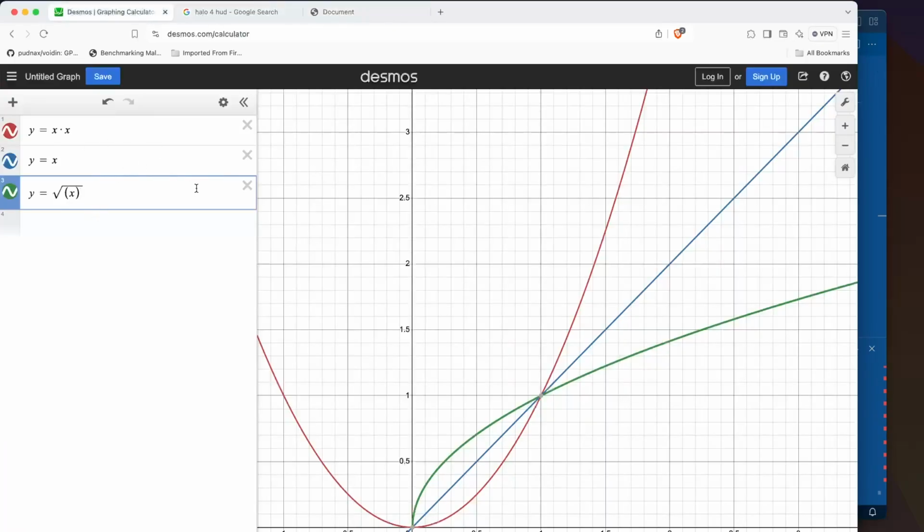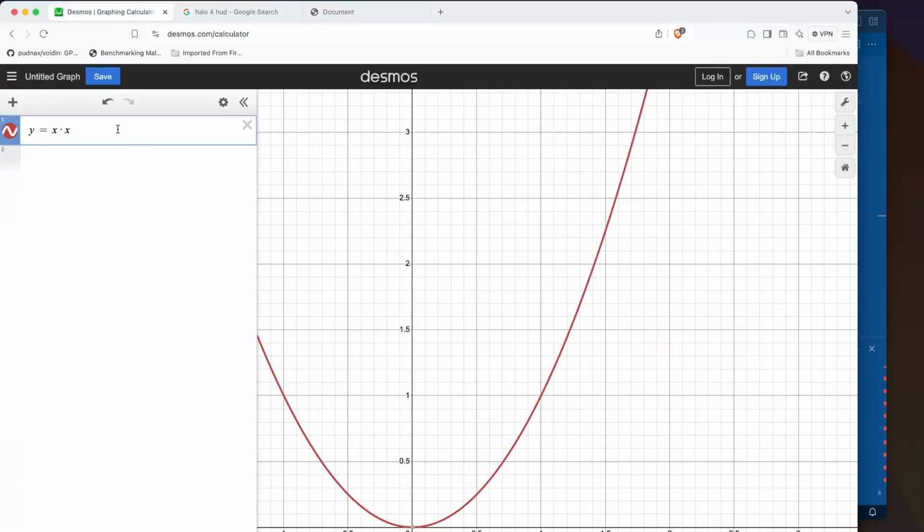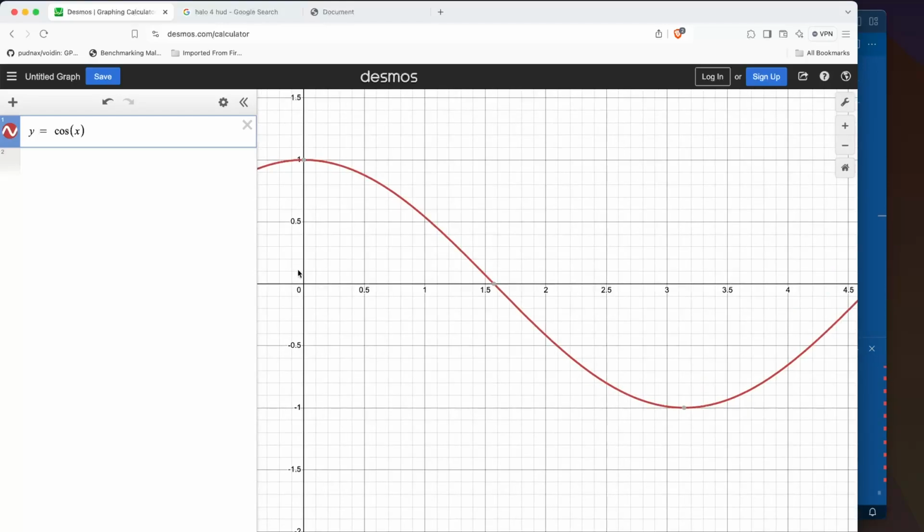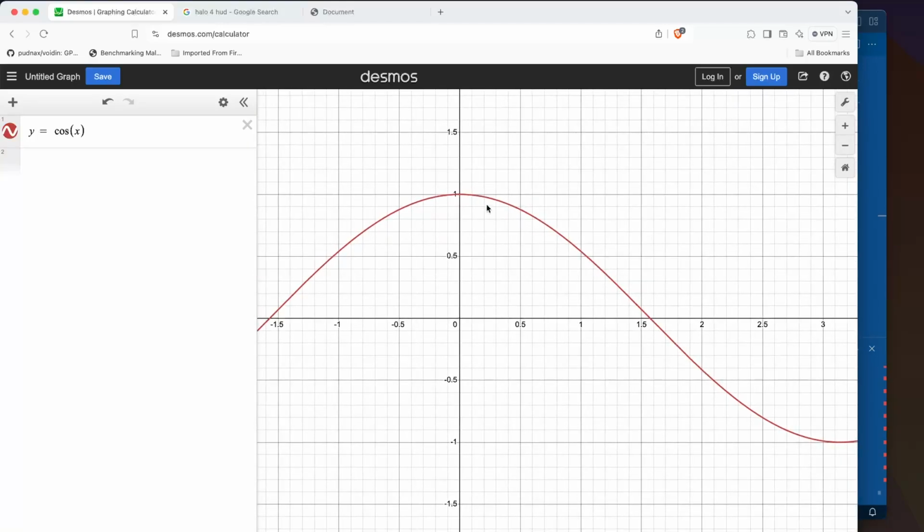So if I look at cosine x, we've got the maximum amount of pull when x equals 0, and then as we go off to the right or left, that pull decreases. So think of this as how far the screen is being pulled up or down.